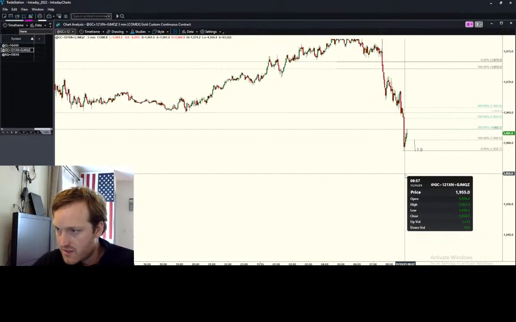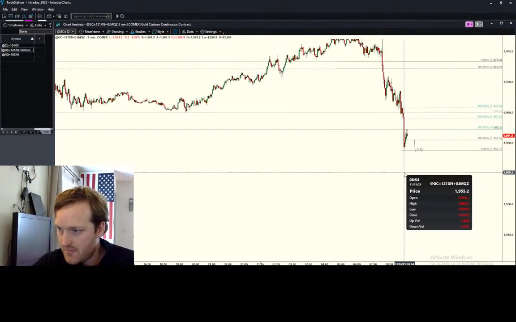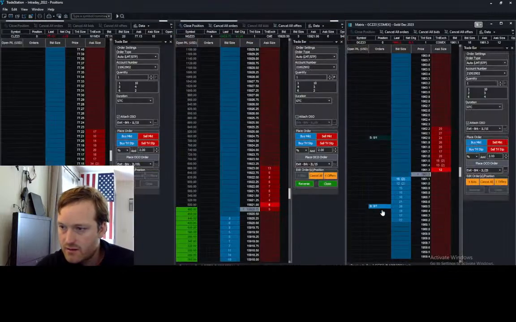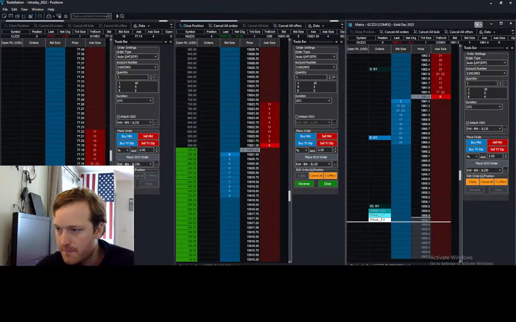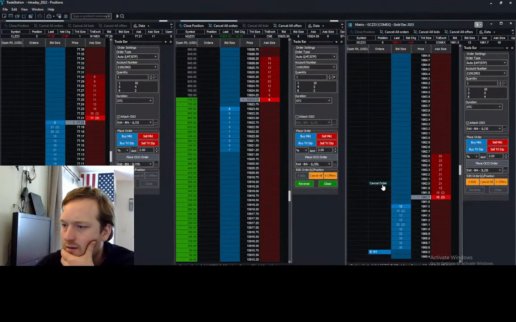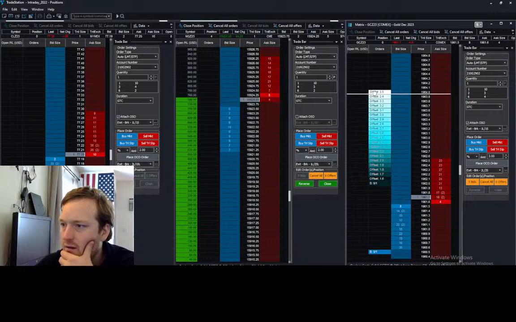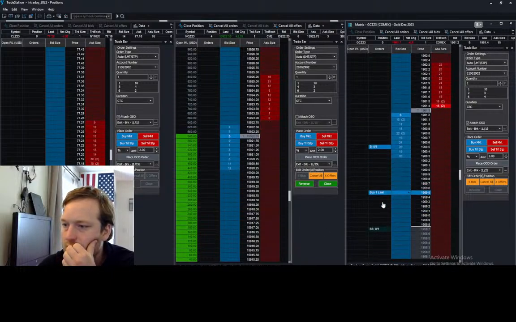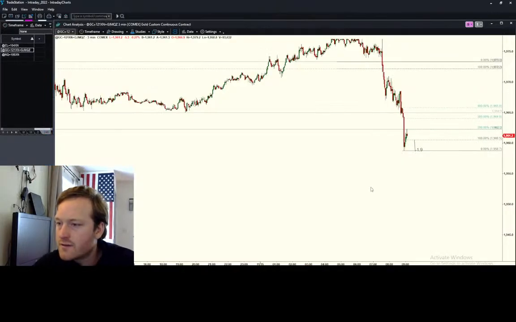My stop loss was here, at the low of the day, 58.8. That's where I'd be. My targets would be a 2-to-1, 1964 flat. That would be the trade. Let's see if it can get there.